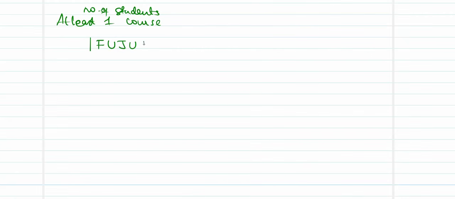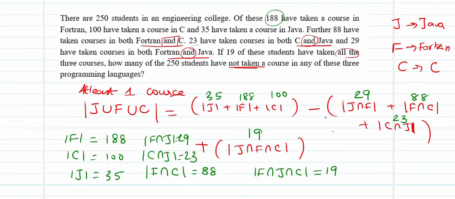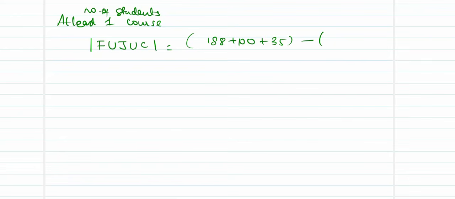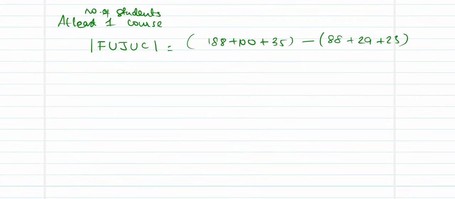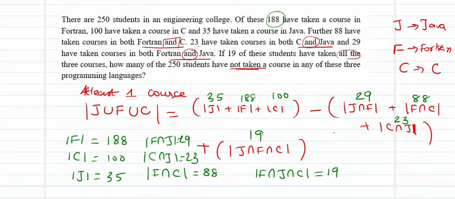So the number of students who have taken at least one course will be F union J union C. It is going to be 188 plus 100 plus 35, minus the terms taken two at a time, 88 plus 29 plus 23, and the third one is plus, the last one equal to 19.